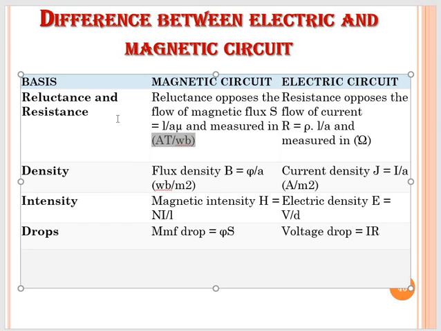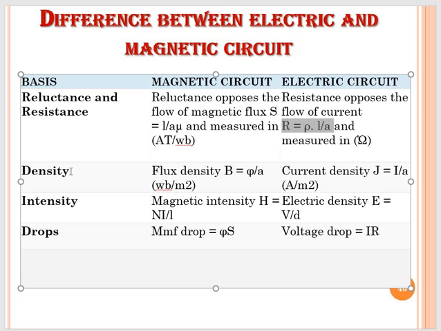So ampere turns per Weber is the unit for the reluctance. Now resistance opposes the flow of current, and the unit for resistance is ohm. It is given by R equal to rho L by A.